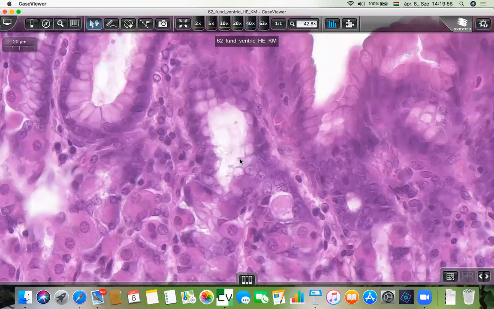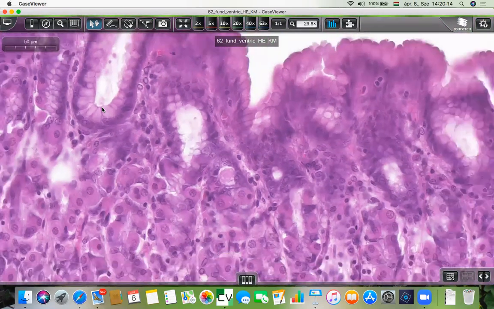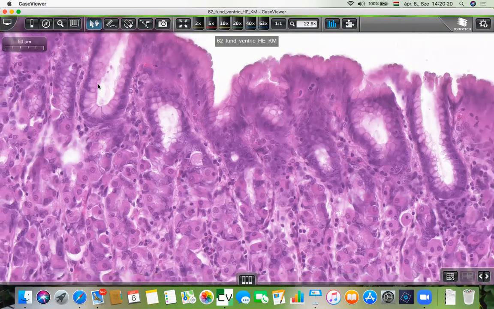No goblet cells are present in the stomach. These are typical mucus-secreting cells, but not goblet cells. Goblet cells are unicellular glands, but these cells are the typical mucus-secreting simple columnar cells of the stomach. So no goblet cells inside.